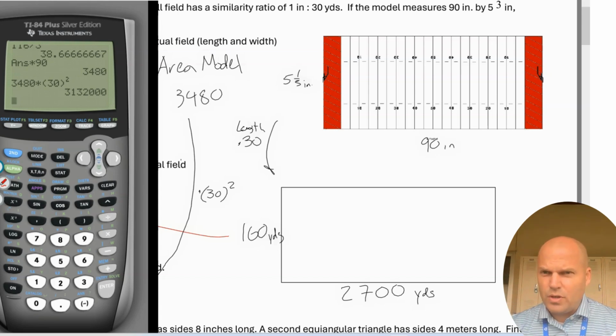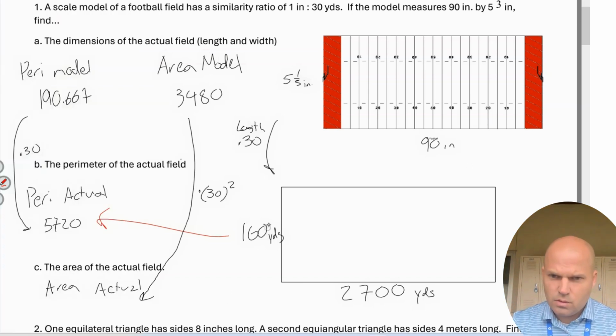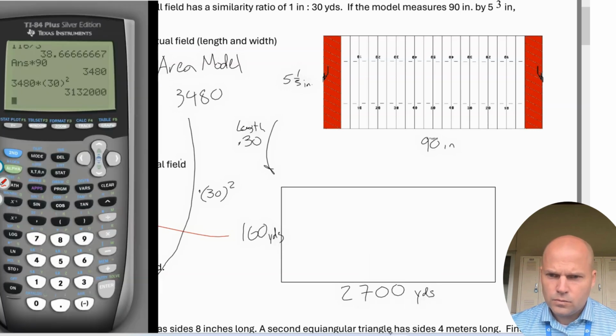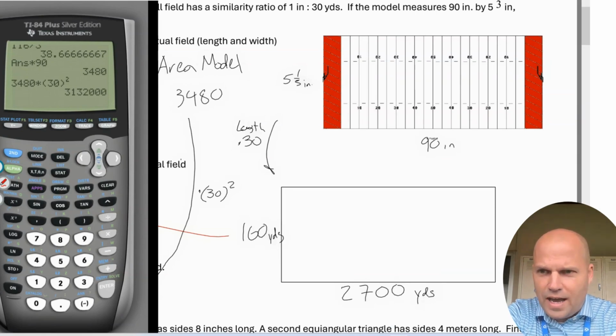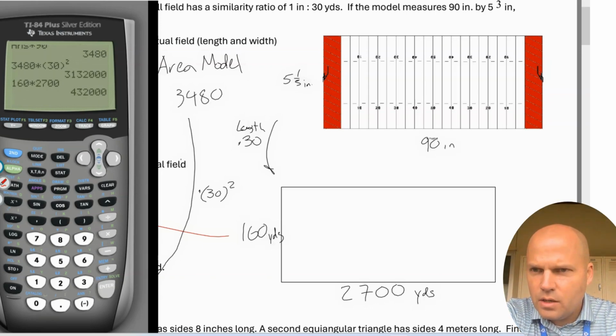Well, 3,132,000. Okay, well, let's see. Could you have actually used the dimensions 160 by 2700? Multiply those together, and I got something different. What the heck happened?